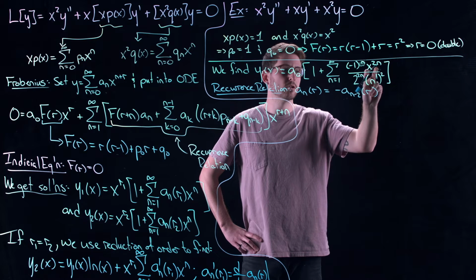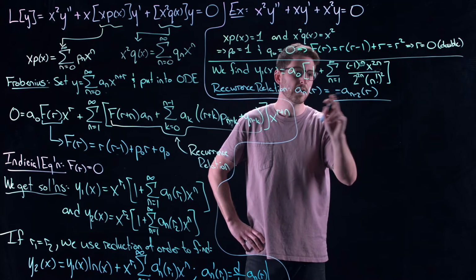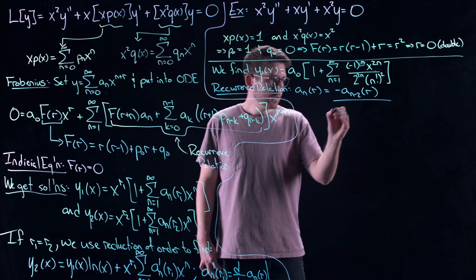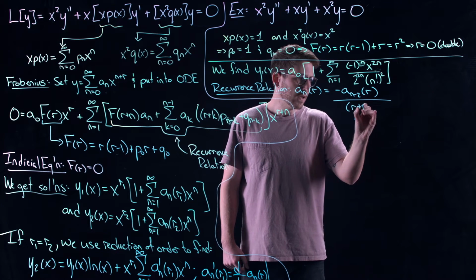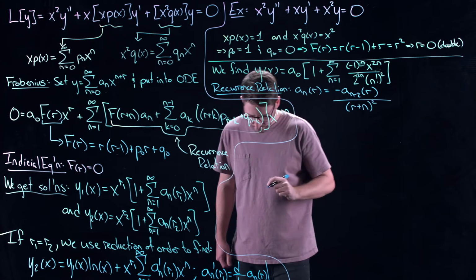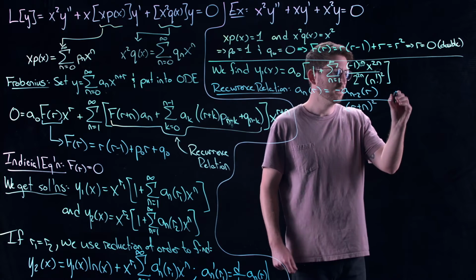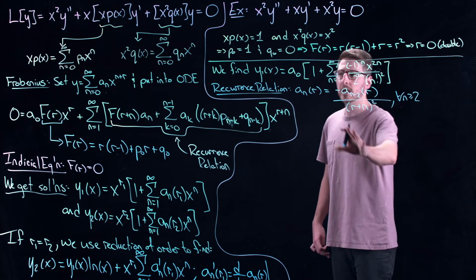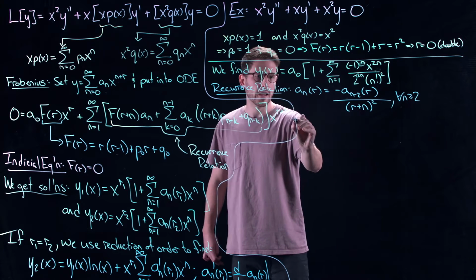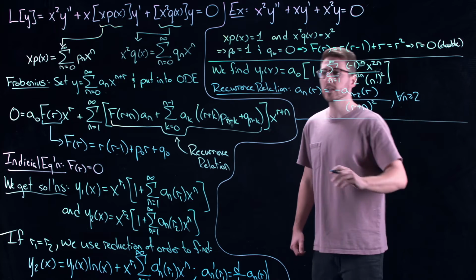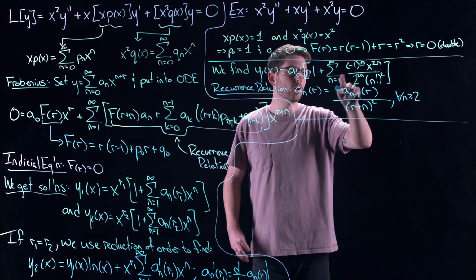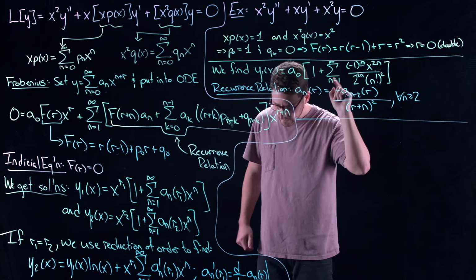That's why I'm counting up just the even powers, because it is a second order equation. This thing divided by (r plus n) squared. And in this case, this is for all n greater than or equal to 2. So I highly recommend working through, seeing if you can get to that recurrence relation and use that recurrence relation to find these coefficients, to find that solution.